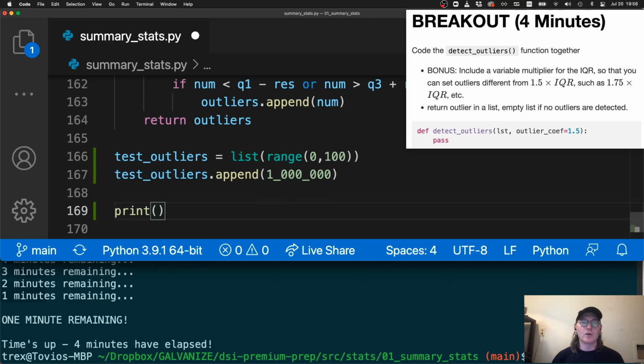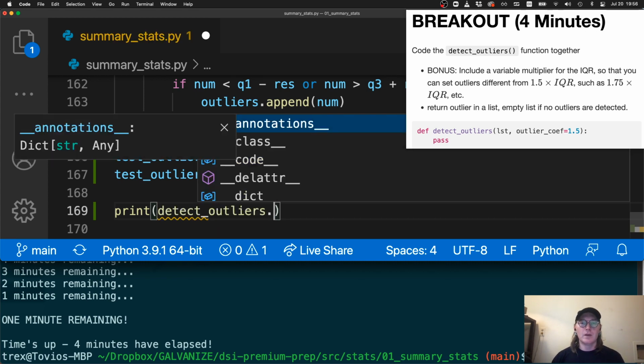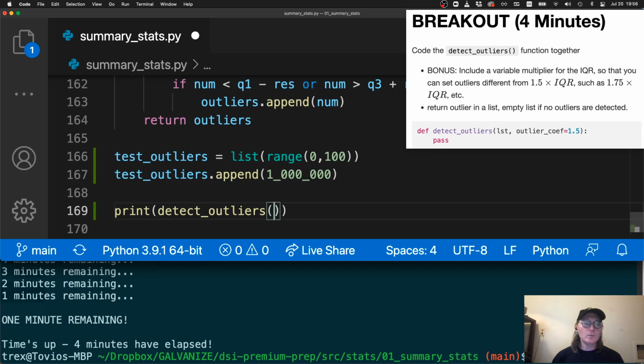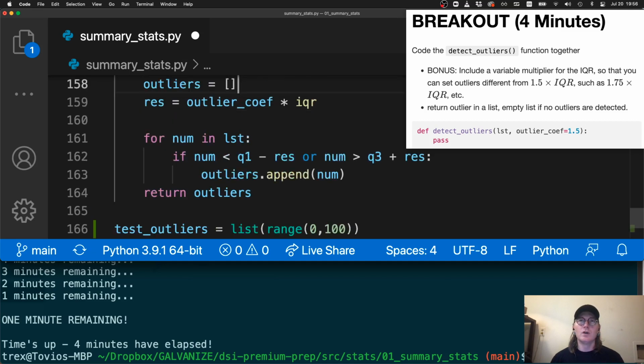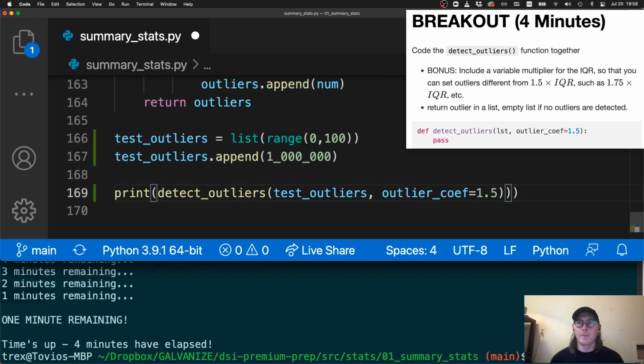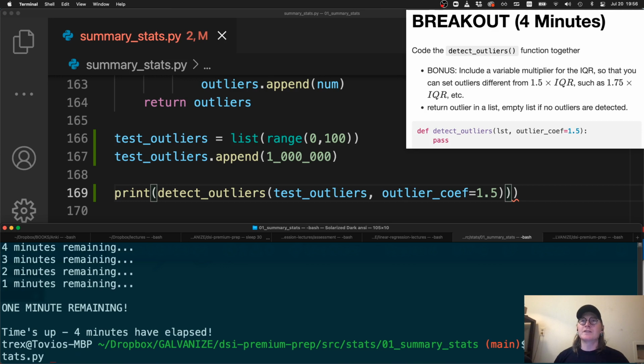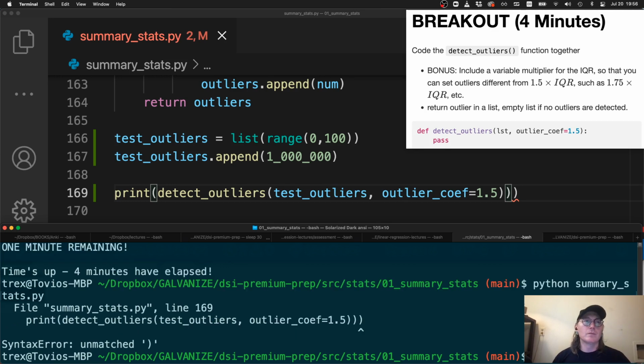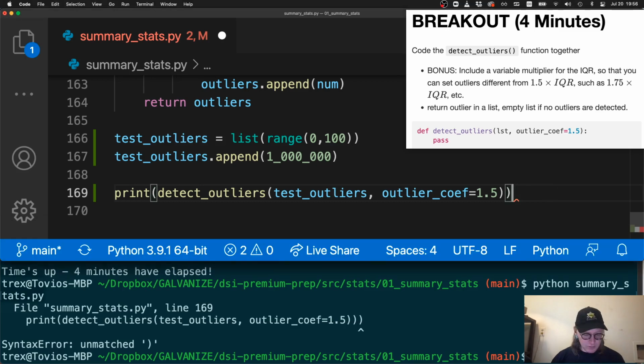Let's find out. So detect outliers, and we'll pass in this test outliers, and we're going to use the default coefficient as it is. So we should collect this 1 million if there wasn't an error.